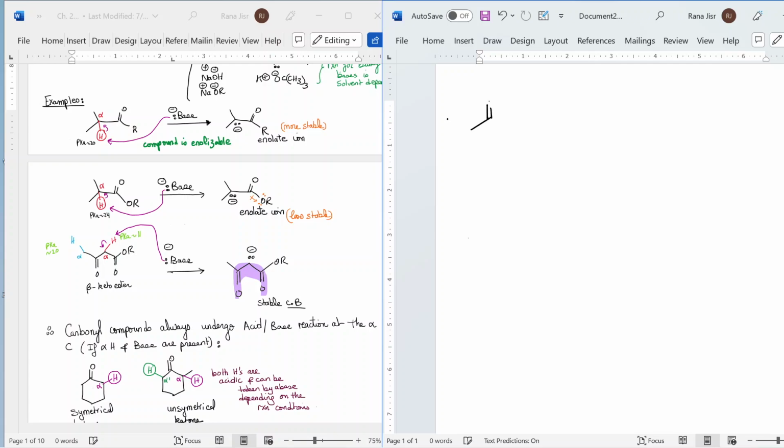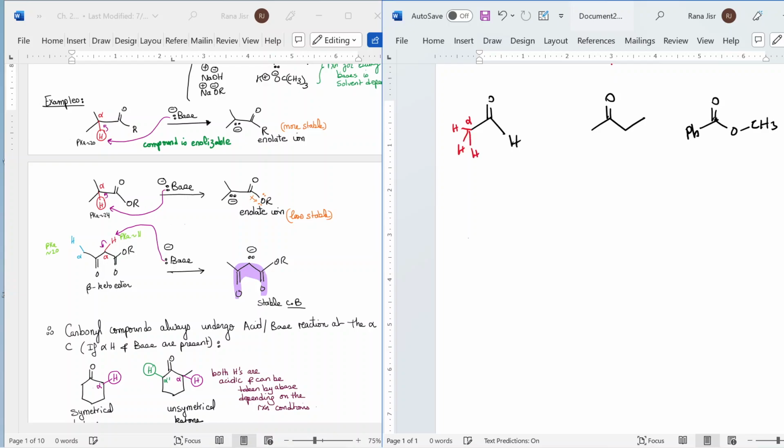So let's consider these three examples in here. Let's say we have an aldehyde over here, here you go, we have a ketone, and we have an ester, say an OCH3 in there, and on this one we have a phenyl group. This carbon over here has 3 alpha hydrogens.